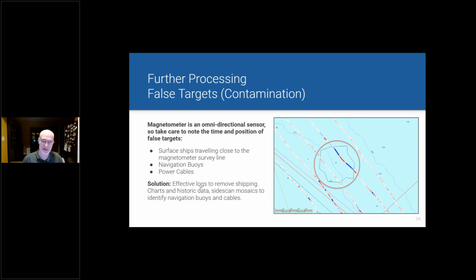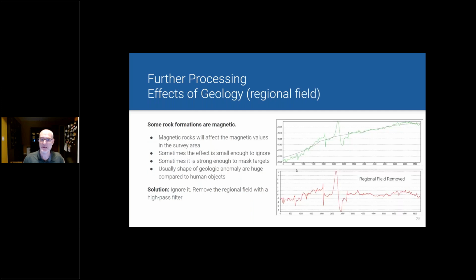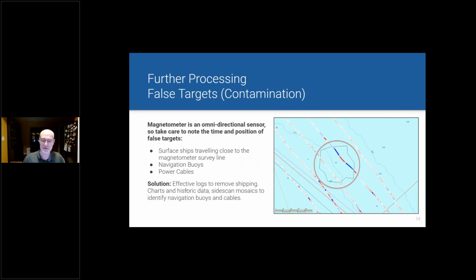Are you passing by targets that could be causing anomalies? There's not much we can do to pull this stuff out other than identify where they are, and we know that they're false targets.